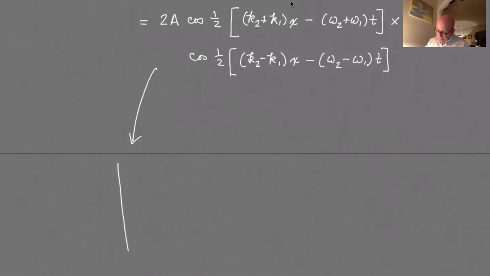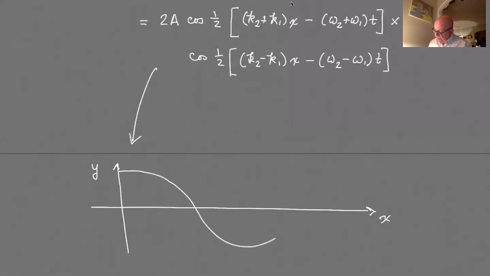This is going to be x, this would be y, and then you'd have what is called the broad envelope.